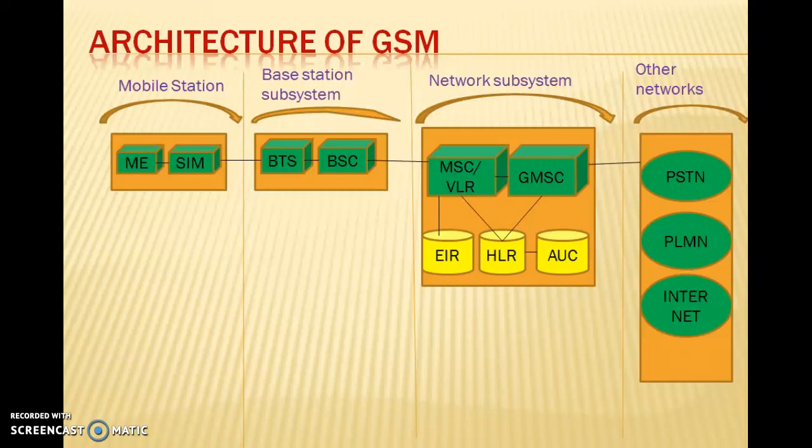Hence, the MSC will log in its database that it is a visitor location. He is a visitor, and his information will be mentioned in the visitor location register, as it will trace the IMSI number.